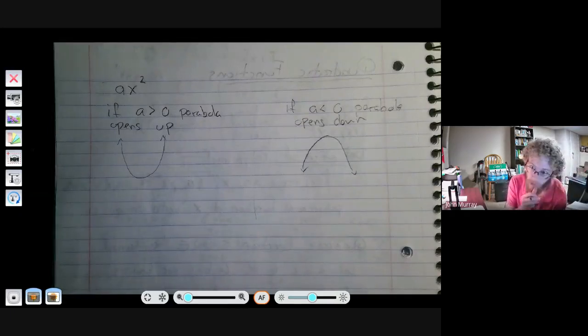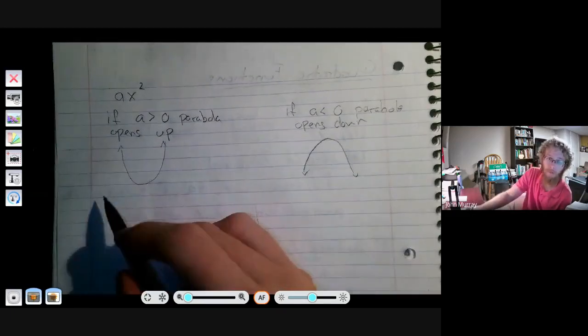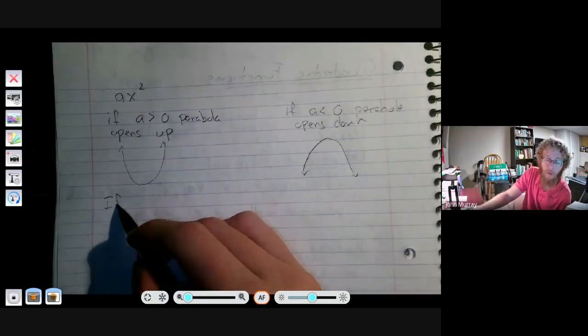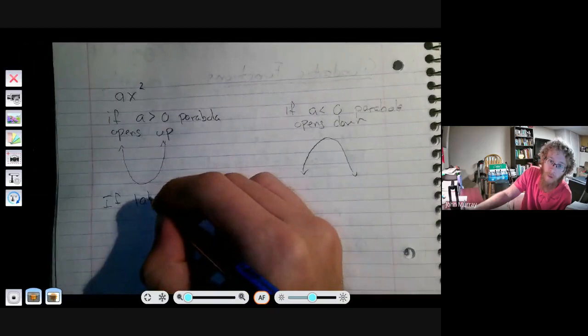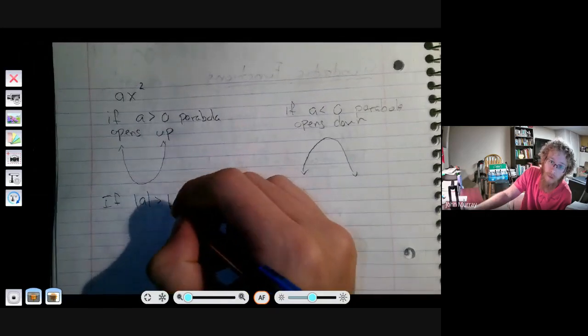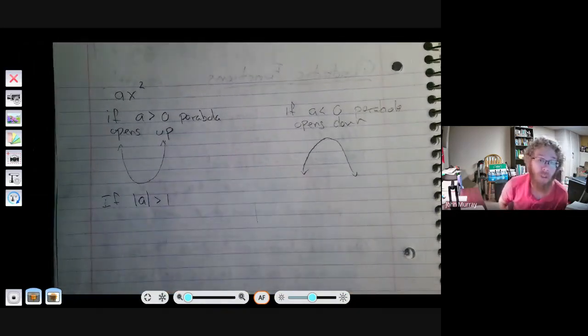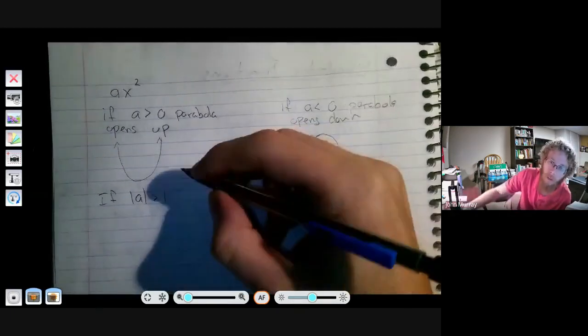And then a can tell us two other things. If the absolute value of a is greater than 1, so if it's 2, 3, 4, a larger number than 1, positive or negative, it doesn't matter.